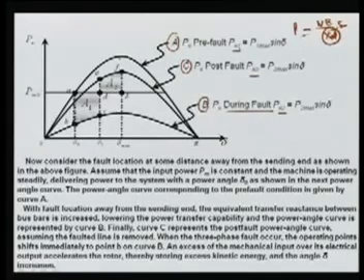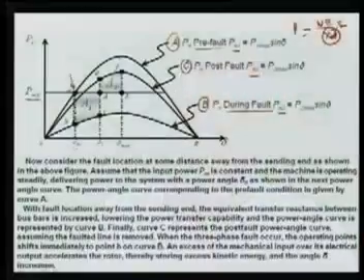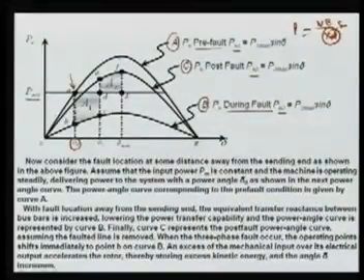Now you can see your loading of the system was PM0 before the fault. Your operating point was A because it is the intersection of your pre-fault curve A and your PM0 curve, and this is your pre-fault operating point, and the angle of this excitation voltage, your delta naught, is this one.